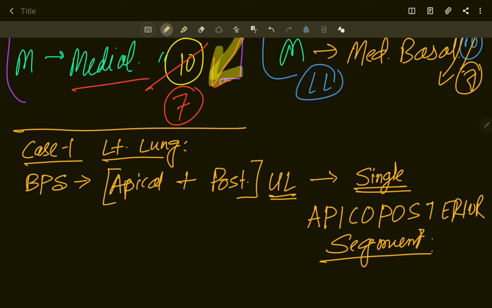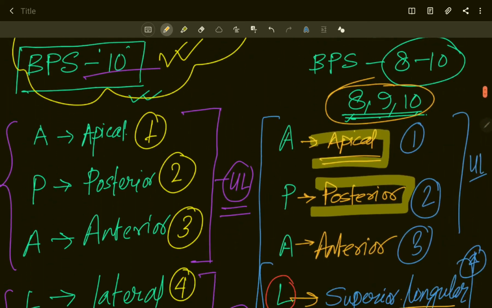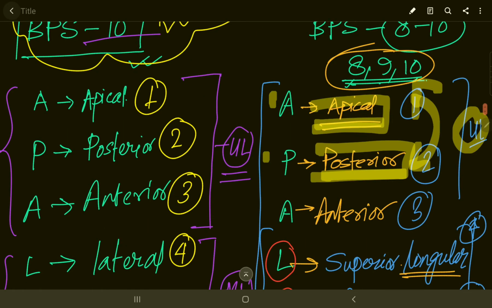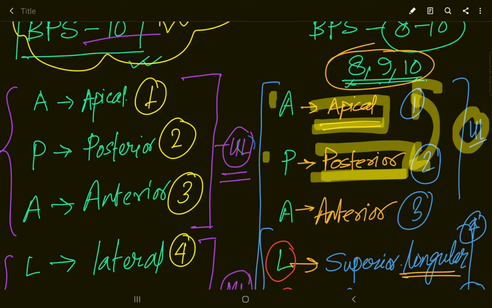Okay, so in case 1, in the left lung, your apical and posterior bronchopulmonary segments of the upper lobe are fused with each other and form a single segment, which is called the apico-posterior segment.